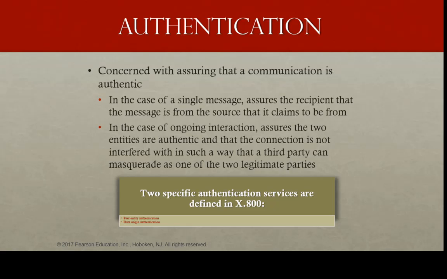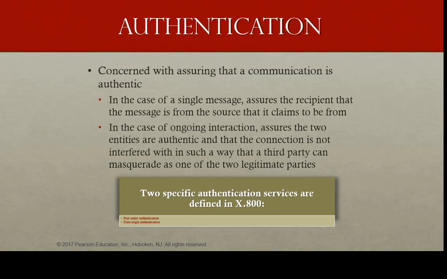First, at the time of connection initiation, the service assures that the 2 entities are authentic. That is, each of the entities reveals its identity to its peer, and both are authenticated as being correct and true. Second, the service must assure that the connection is not interfered with in such a way that a third party can masquerade as one of the 2 legitimate parties for the purposes of unauthorized transmission or reception.